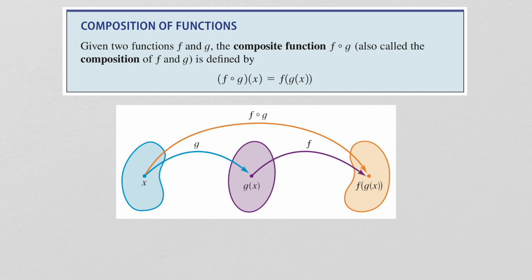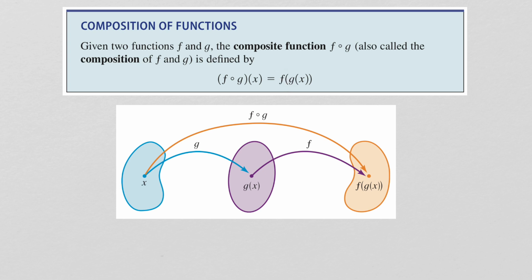Given two functions f and g, the composite function f of g, also called the composition of f and g, is defined to be f of g of x. So this little circle thing here represents the composition of two functions, and the way you do it is you plug the second function here into the first function. So we're plugging g into f.